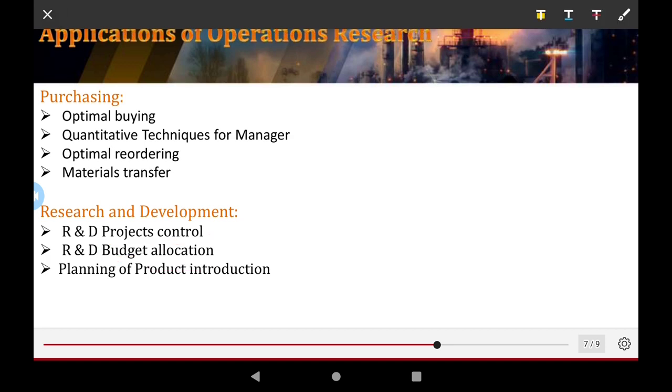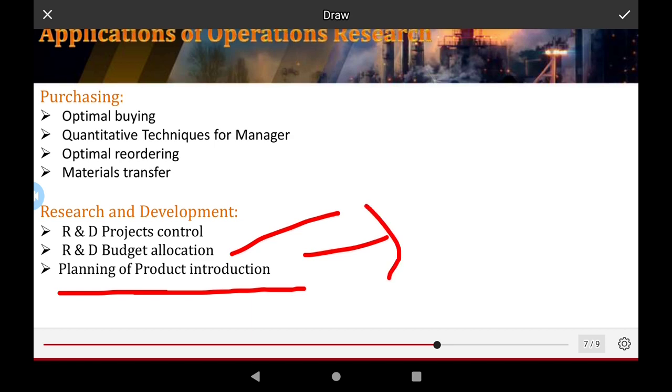You discuss according to your budget, okay. Research and development and planning for the product introduction, okay. Your product is complete and you are planning its selling in the market, which is at a very high cost.